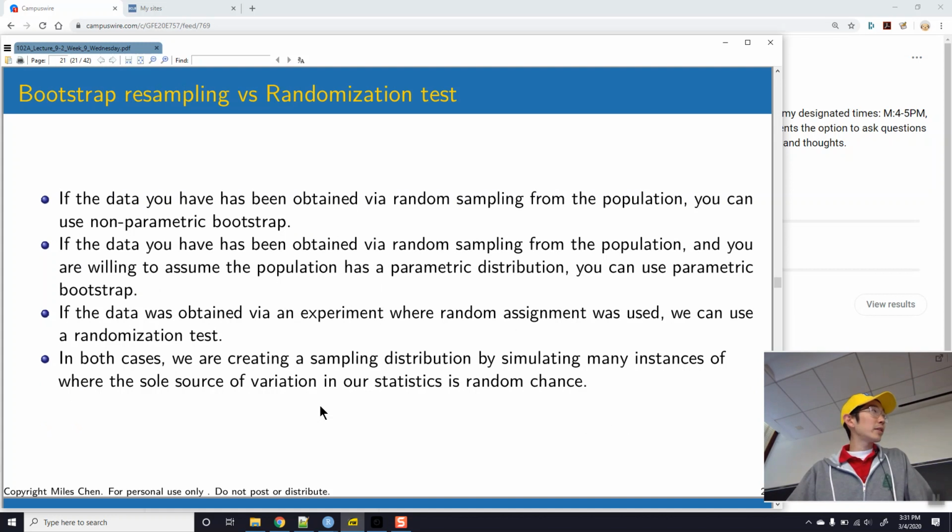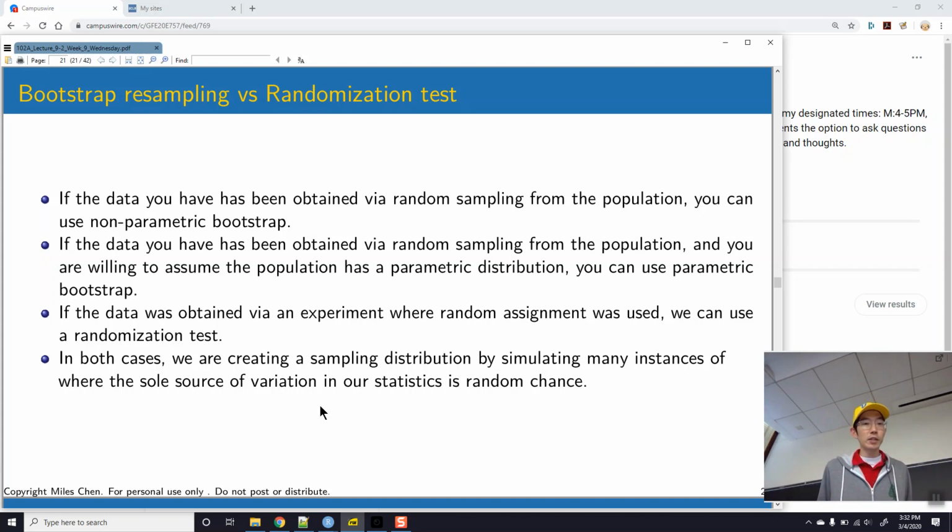All right, so here are some key distinctions between the sampling methods that we've covered. If you got random data via random sampling from the population, you can use non-parametric bootstrap. If you have data from random sampling from the population and you are willing to make parametric assumptions about the population, then you can use parametric bootstrap. And if your data was obtained via an experiment where random assignment was used, then you can use a randomization test.